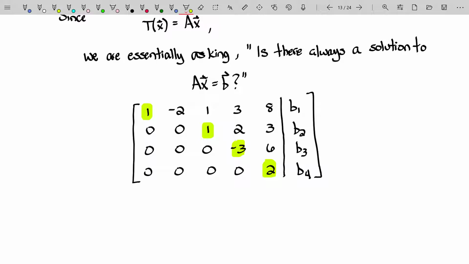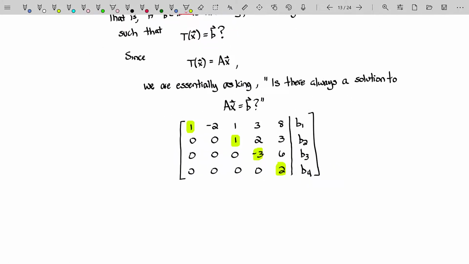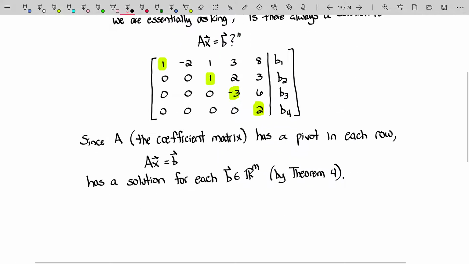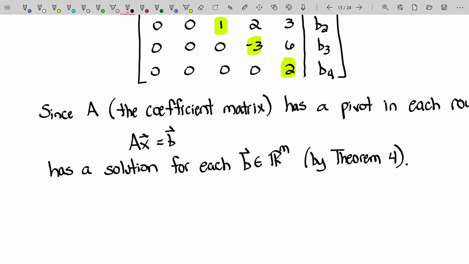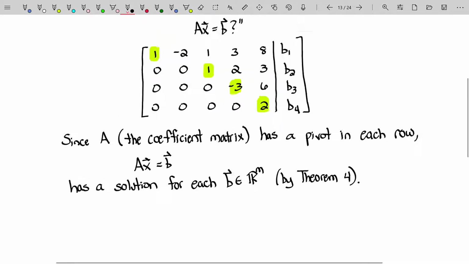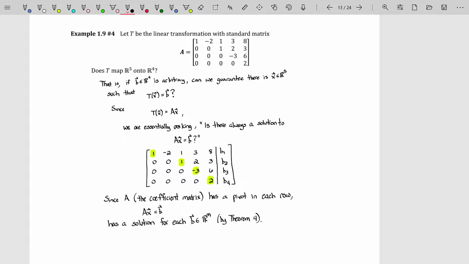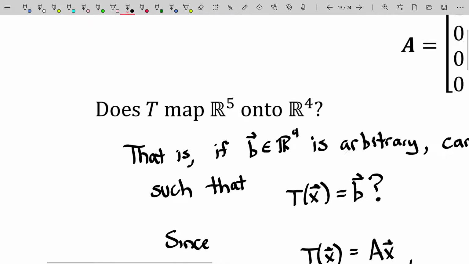Now, to cite that is very, very important. So let's go ahead and fix the wording to where it's satisfactory. Since A, which is a coefficient matrix, has a pivot in each row, AX equals B has a solution for each vector B in Rm, and that is true by theorem 4. Hence, by definition, T maps R5 onto R4.